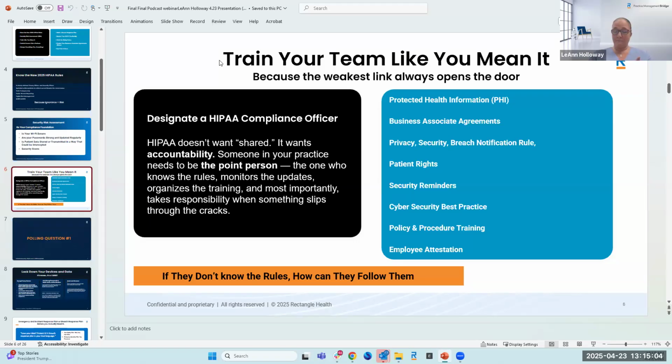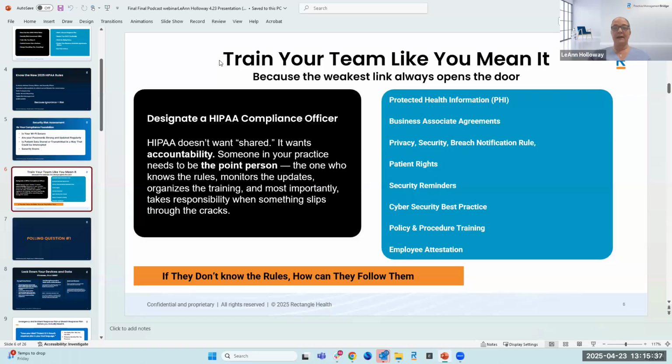This person doesn't have to be a compliance attorney or a full-time watchdog, but they do need to know the HIPAA requirements, understand how your practice stores, accesses, and shares patient data, lead your annual risk assessment, and make sure staff are trained and retrained regularly. This is called your compliance officer, and each office has to have one.